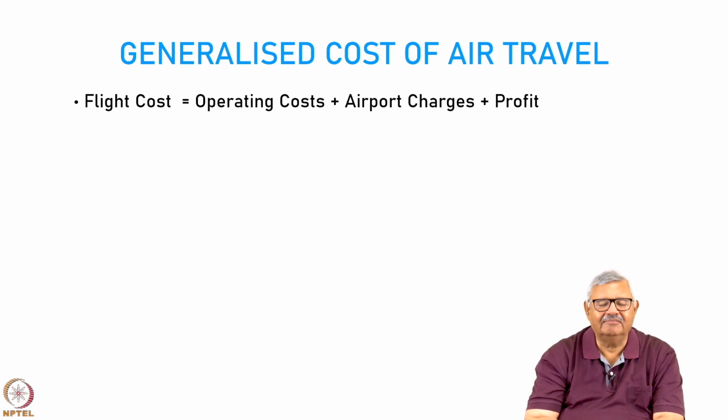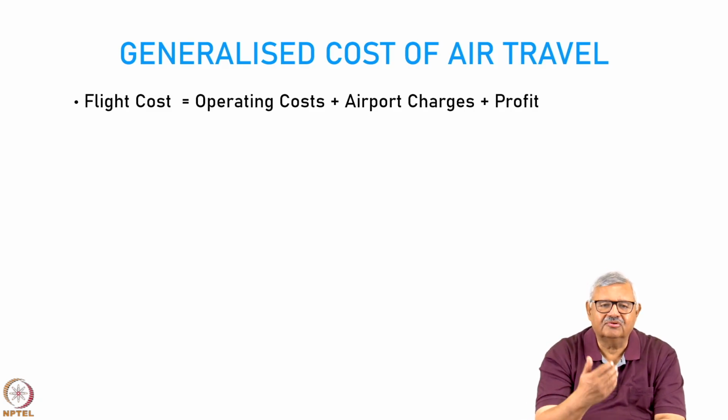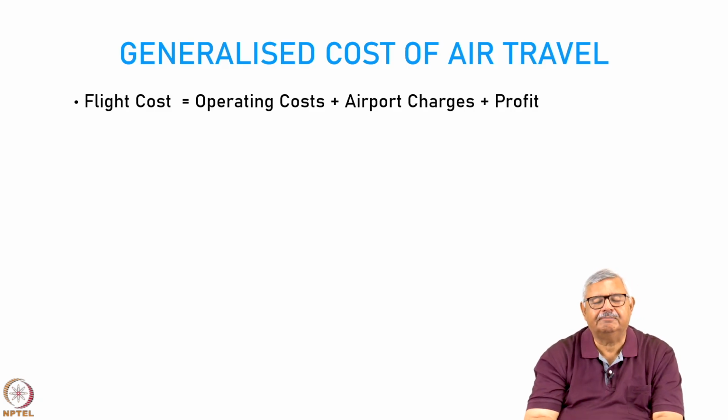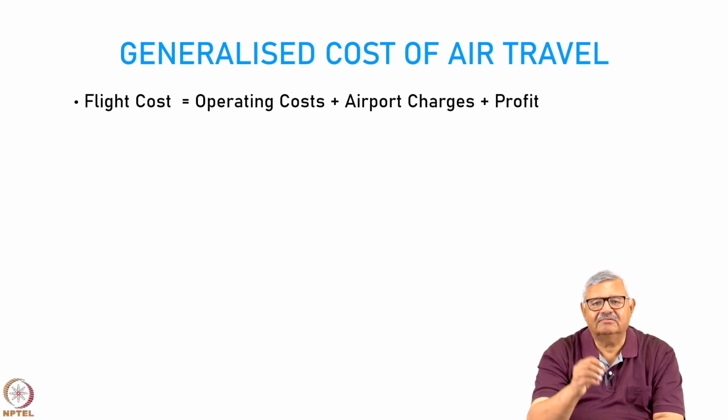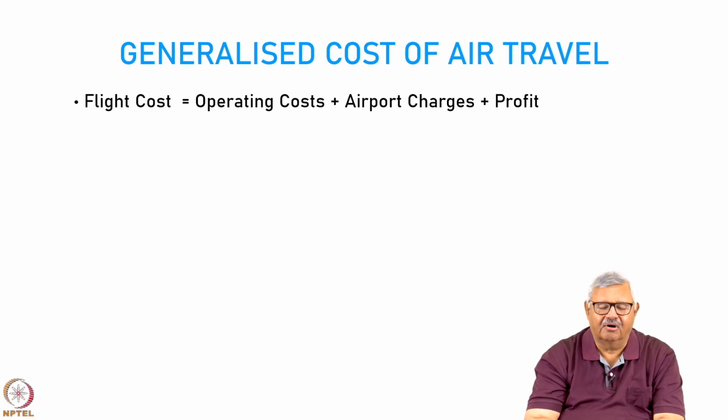Now, any airline will charge you a ticket price based on three things. First is whatever cost they incur per passenger per trip in operating the aircraft, whatever charges they have to pay at the airport per passenger per trip for using the airport, and they are a business, airlines want to stay in profit, so they will always try to charge some profit.